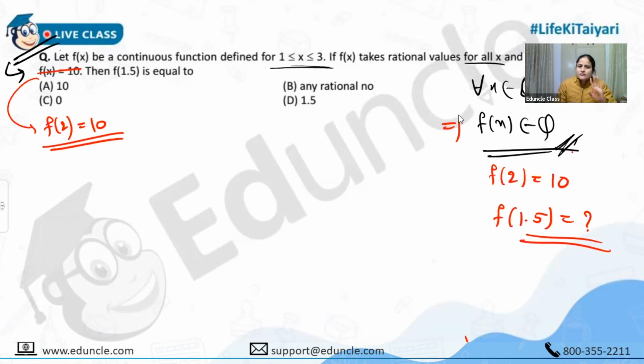Now look, as I am talking about intermediate value property. Okay. So there are two cases. First case, I can take f at 1 not equal to f at 3.